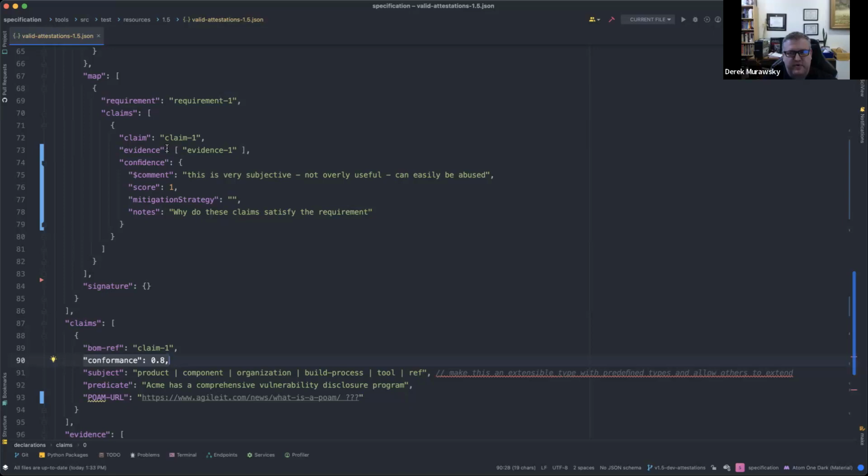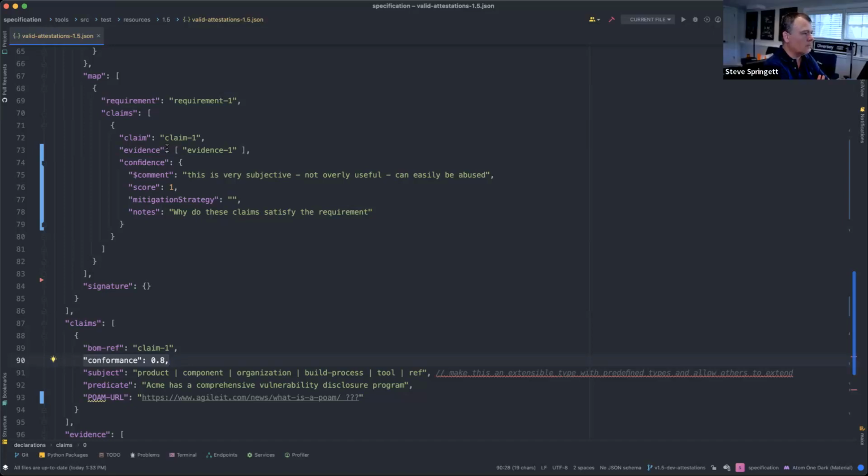Or is it that I'm claiming 80% conformance? And let me throw this around: we do not have a map of claims. We are making one claim with a supporting list of evidence. So yeah, I think this would work fine.